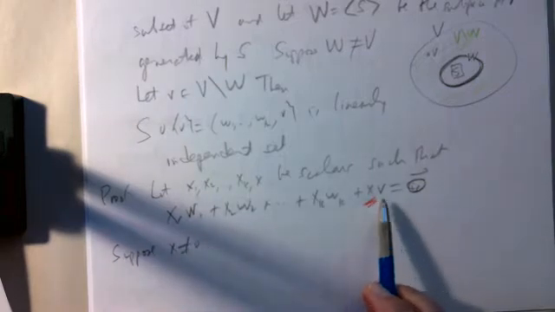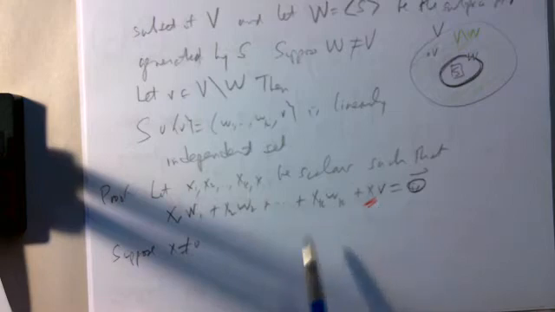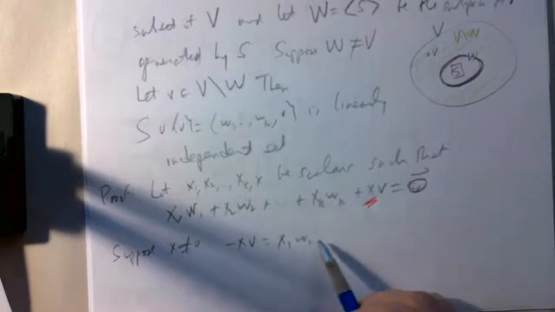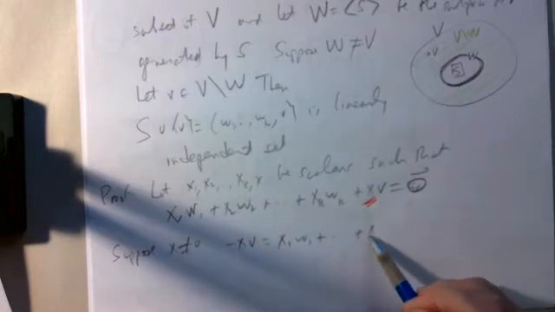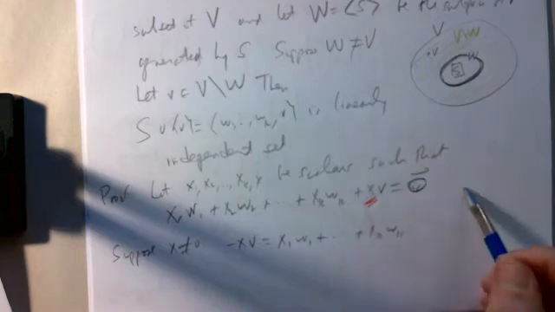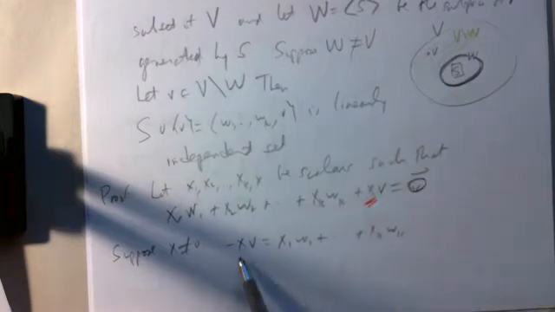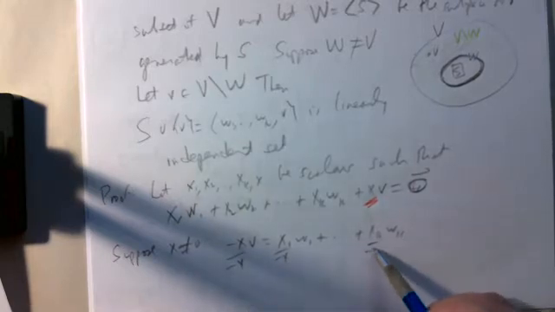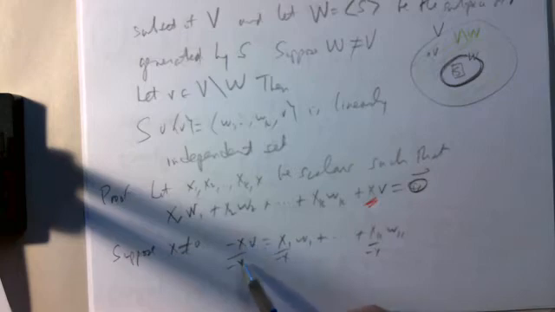In that case, I can solve this equation for v. If x isn't 0, minus xv is x1 w1 up to xk wk. Just put this over to the other side of the equation. And because x is not 0, I can divide by it. And minus x over minus x is 1.